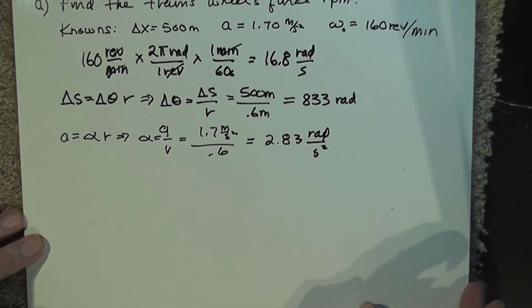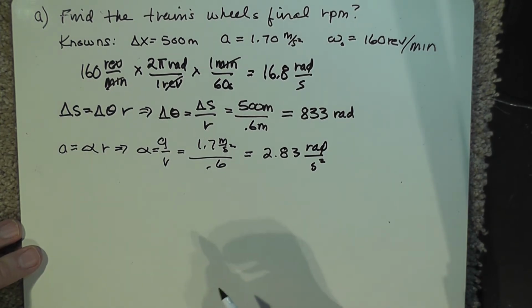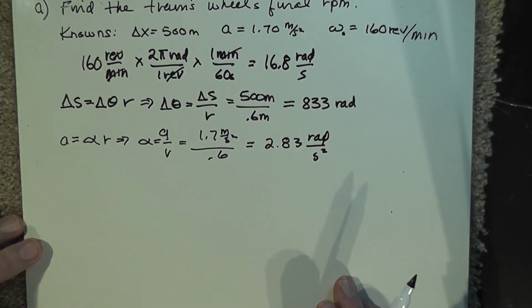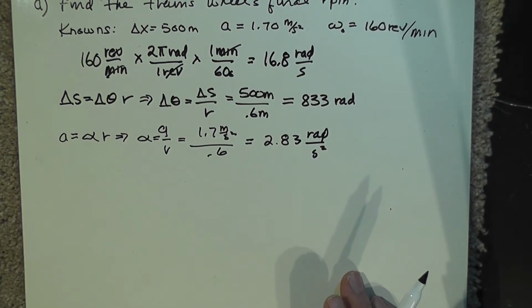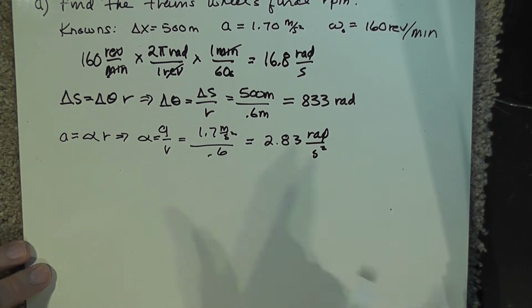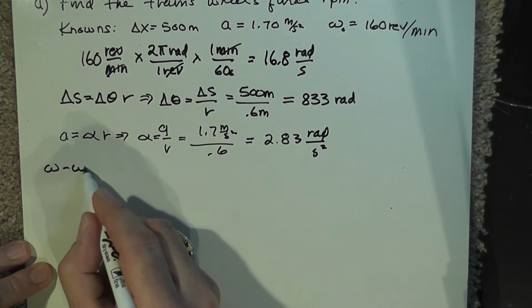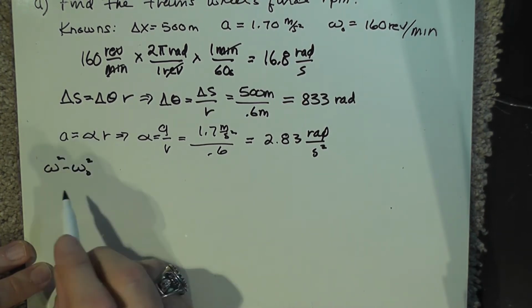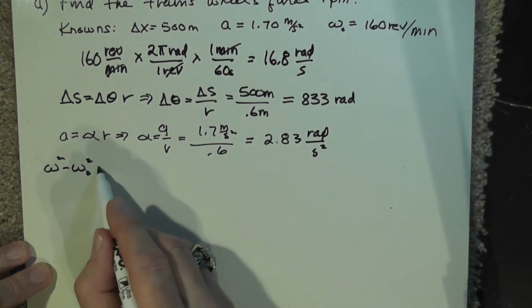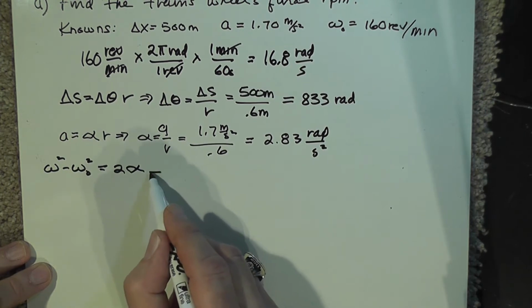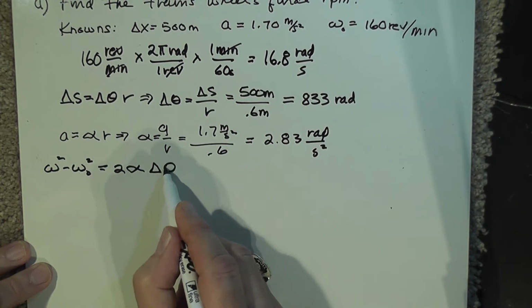So how are we going to solve this problem? Well, it wants us to find the train's final RPM when it reaches the 500 meters. We have an equation that's very similar to one that we learned in kinematics in linear, one-dimensional motion. It is this equation right here: omega squared minus omega naught squared equals 2 times the angular acceleration times the angular displacement.